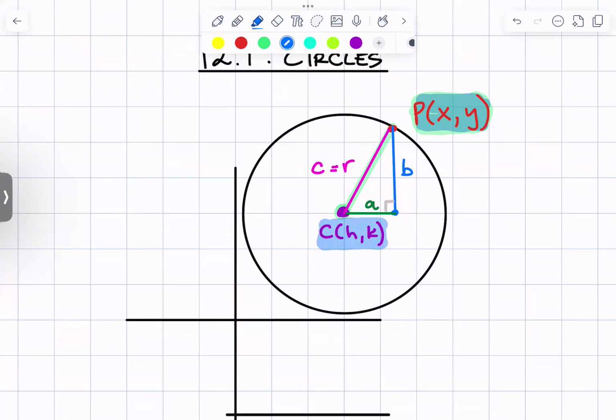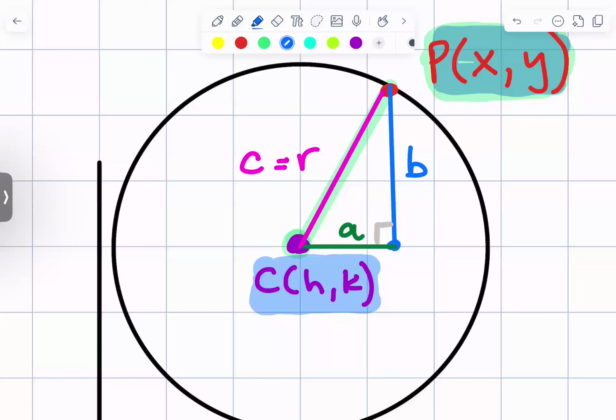So I'll give you guys a couple of minutes to think about that. A hint here, class, is if you look at my B, it's a vertical line. If you look at my A, it's a horizontal line. So use that fact and use the points X comma Y and H comma K to get the length of A and B.